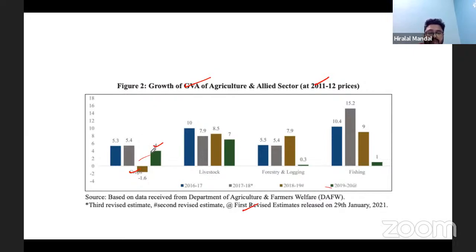Growth of GVA of crops stands at 4%, whereas there is a huge growth in the livestock sector, and in fisheries. That's the progress of the GVA of the agriculture sector.